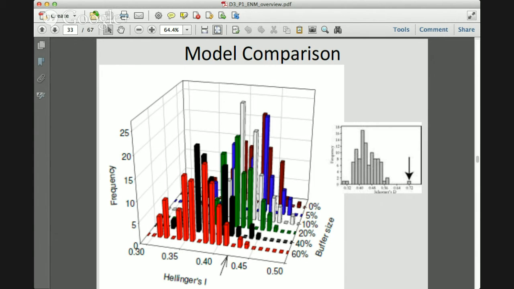They're essentially random with respect to one another. But up here at the broader buffers, like 40% and 60%, indeed the entire null distribution is to the left of the observed, the arrow. And so we're able to establish that these two species are significantly similar. Again, I'm not going into the details. I just want you to see that this is affected by the calibration area, the M hypothesis.